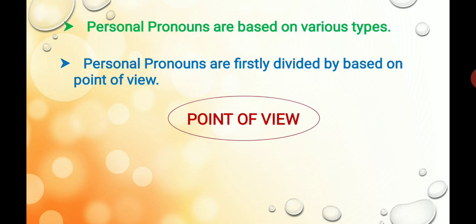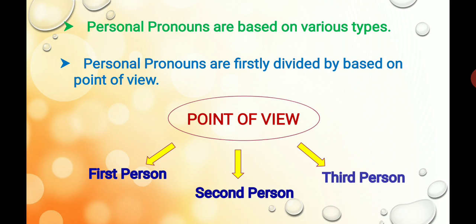We just identify the personal pronoun according to the noun. First person, second person and third person. There are 3 persons in a personal pronoun table. Now you have a question, what is first person, what is second person and what is third person?